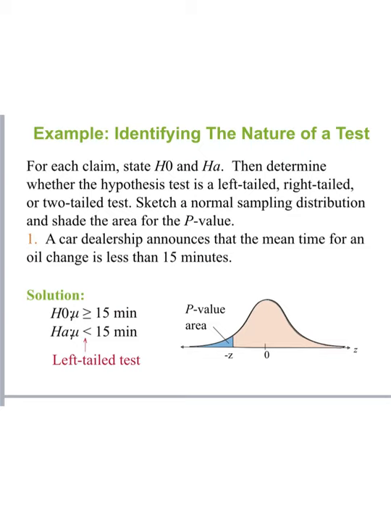All right, so here's the left tail test, and that was the car dealership announced that the mean time for an oil change is less than 15. We looked at this, it determines a left tail test. P-value is the area, but this is actually your test statistic value, determined from the formula.